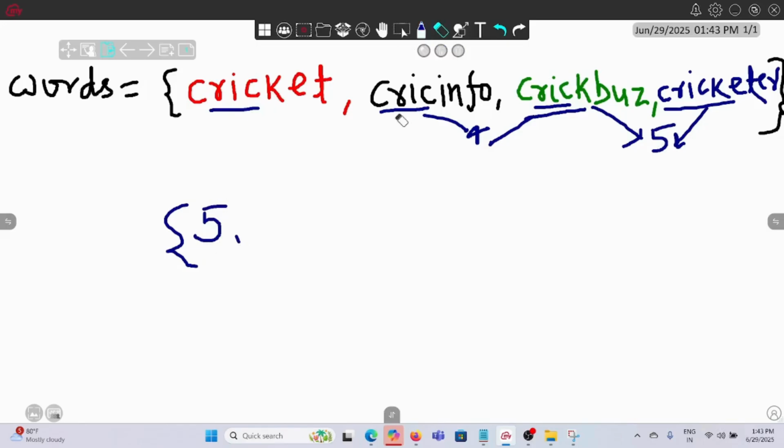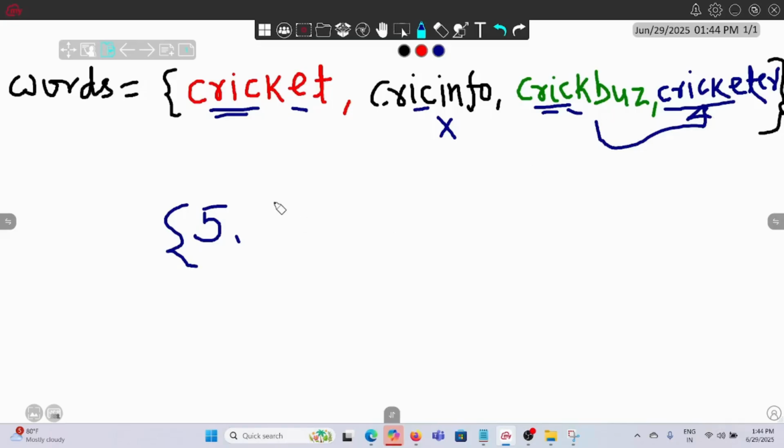Similarly, we have to remove one by one all of them. Let's say this time we are removing this one. If we remove it, then this and this are adjacent. What is the common? CRICK, so 5 is common from here and here, and this also has 5 common.